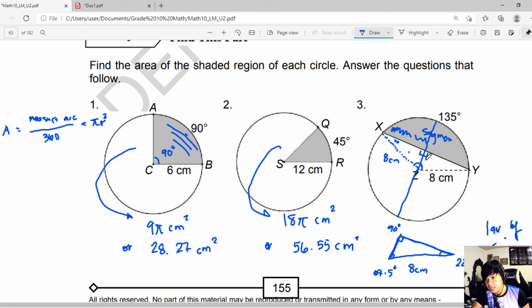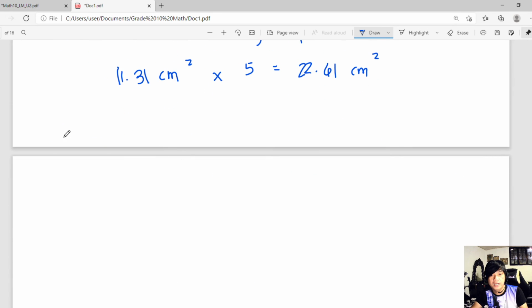We are now ready to identify the measure of the segment. We just subtract the area of this triangle from our sector. So the area of the segment is equal to the area of the sector minus the area of the triangle.